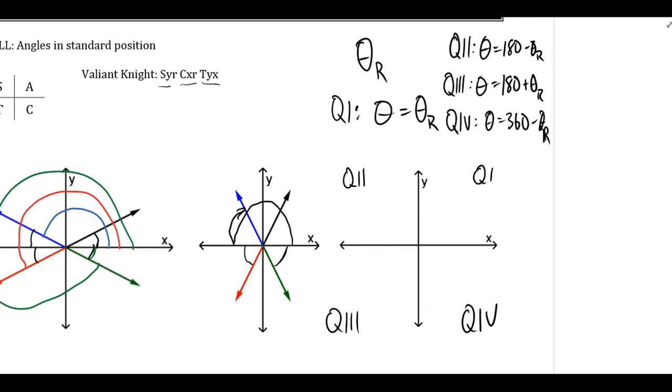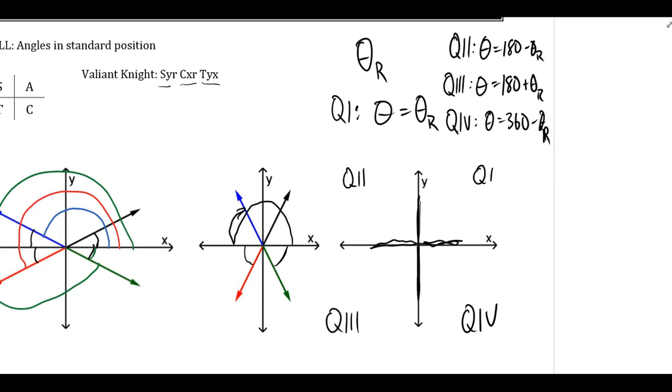Knowing the values at each axis is important. So obviously this one's easy. It's 90 degrees, 180, 270, and then if you go all the way around, it's 360. So we keep that as a frame of reference. If somebody tells me that theta is 115, I automatically know what quadrant that's in.